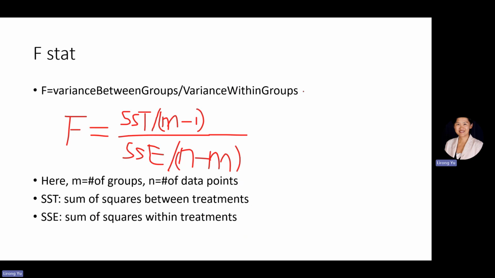And here is going to be the mean square. So you're going to have the numerator, SST divided by m minus 1. So you take the sum of squares divided by the degrees of freedom. That's your mean square. This sum of squares, SSE, divided by n minus m, that's the mean square.